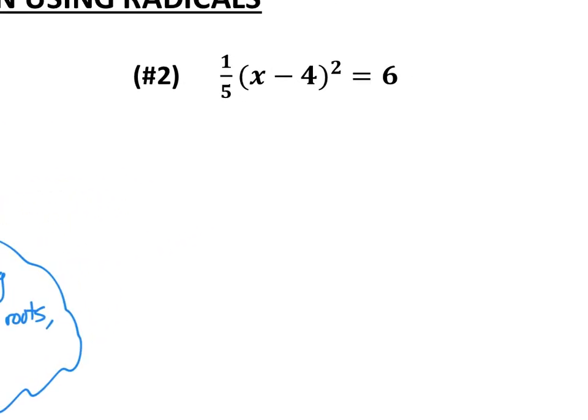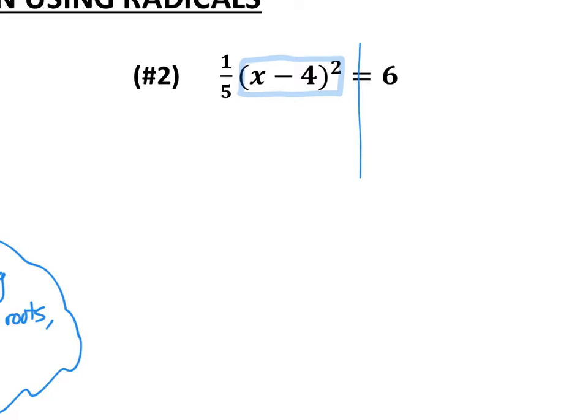Number 2, solving with square roots. So get rid of everything that's not attached first. And in this case, we have parentheses that are kind of attached to that. It's the x minus 4 squared. So what we want to do is get rid of anything that's not included here. So we have to cancel out that times 1/5.